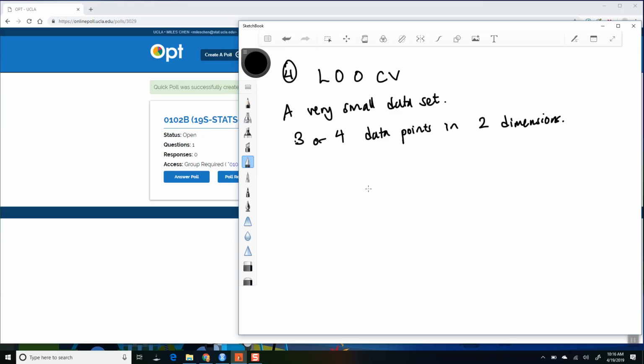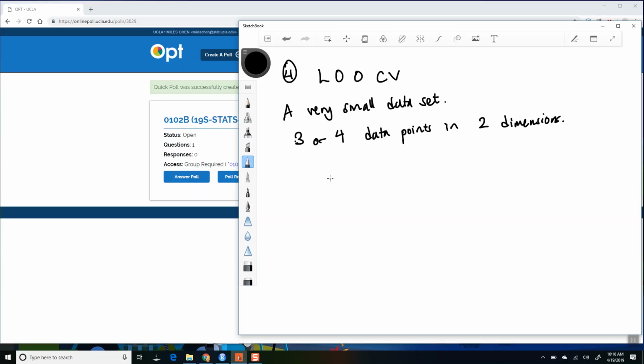Even if we had 4 data points and we did leave one out and you have 3 data points, trying to find the least squares regression line for a set of 3 data points is a non-trivial matter for a human. And so if I did this, I would probably have to provide all 4 fitted lines.